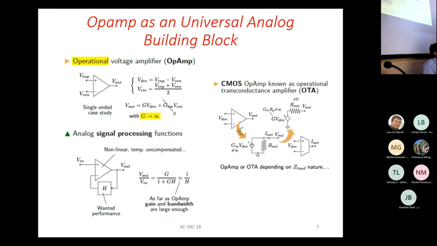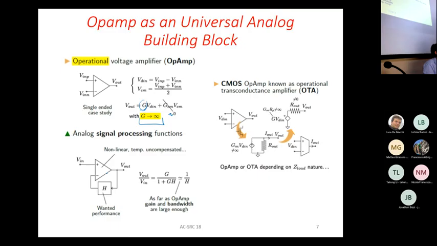Why do we typically want a very high gain in an operational amplifier? Another thing that we want is that the differential gain is very high and the common mode gain is practically zero.